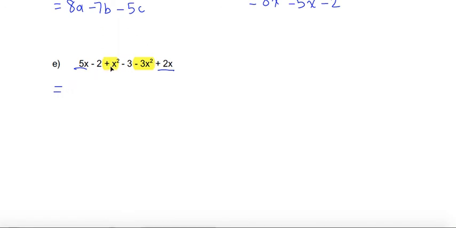I have my plus x squared, or I can just write it as x squared, minus 3x squared. Then I have, this is a plus, so if there's no operation in front, it's denoted as a positive value. So I have plus 5x and then plus 2x.